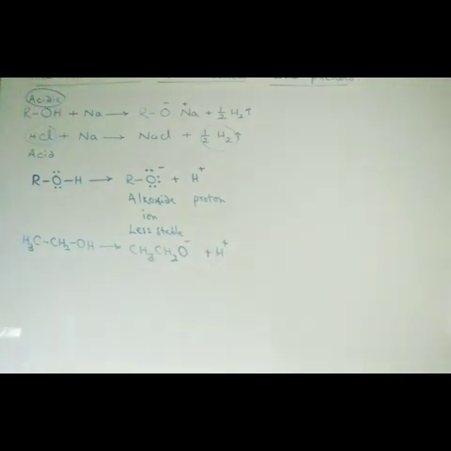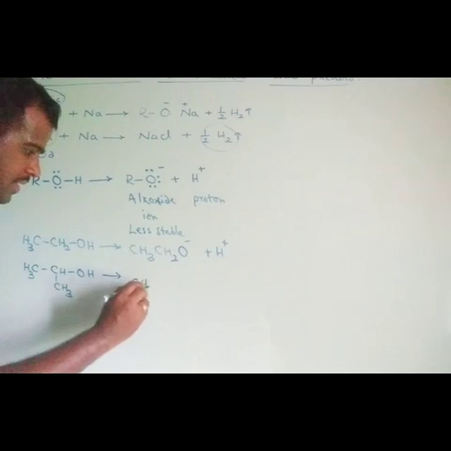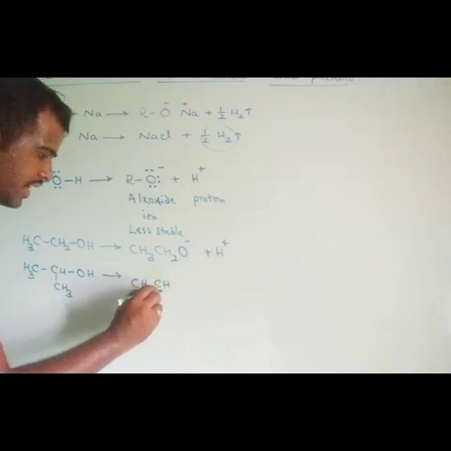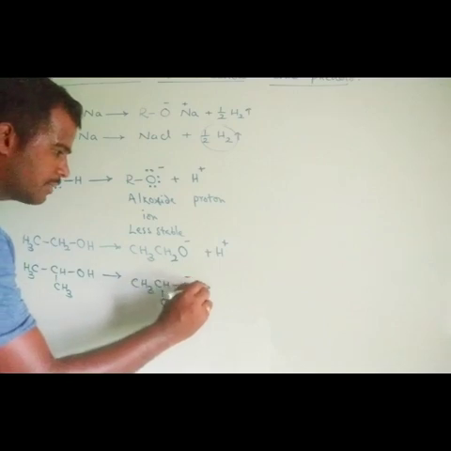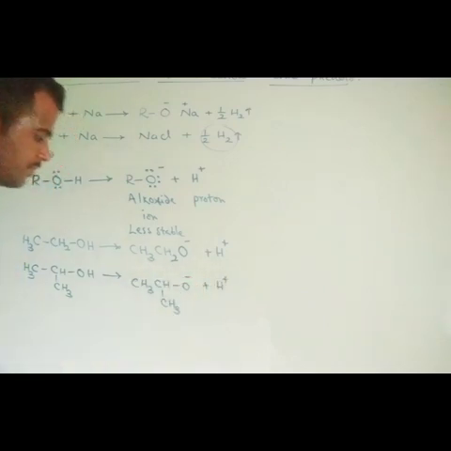If I take another alcohol, CH3CHOHCH3, if this one is ionized, it will give us CH3CHO minus CH3 plus H plus. This is a primary alcohol and this one is a secondary alcohol.